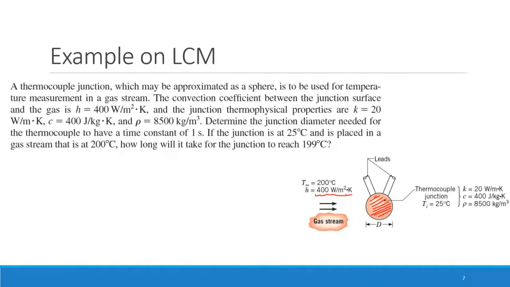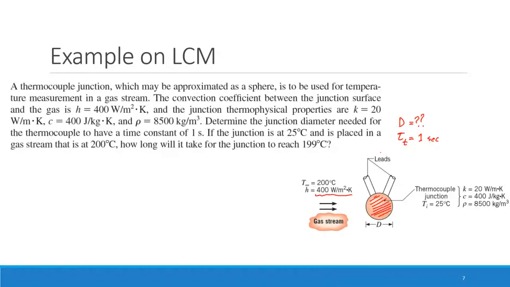Conductivity, specific heat, and density are also given for the solid itself. He is asking you to determine the diameter, D, of the sphere needed for the thermocouple to have a time constant, tau t, equal to 1 second. This is the first part of the problem.